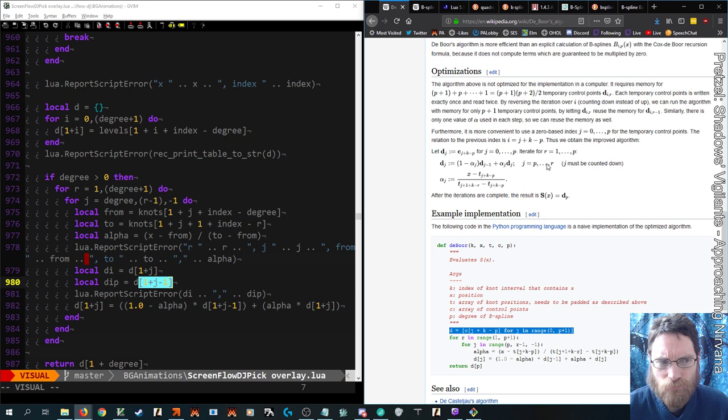Wait. Why does that say r minus 1? This says j equals p to r.